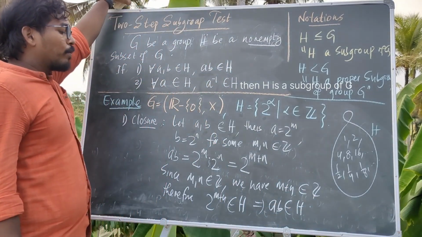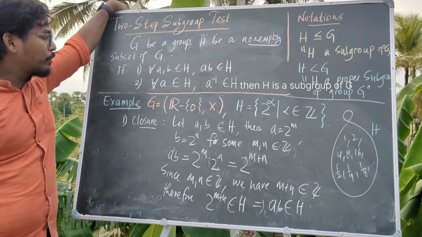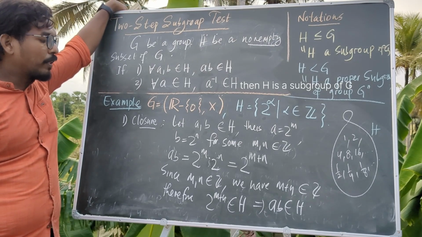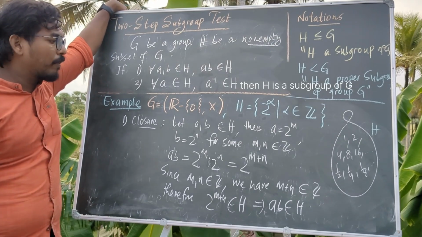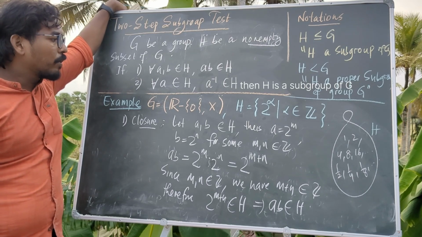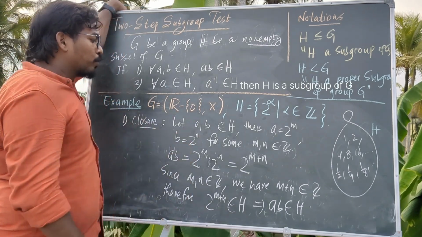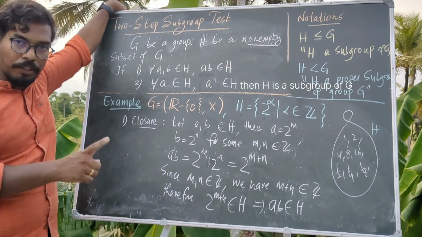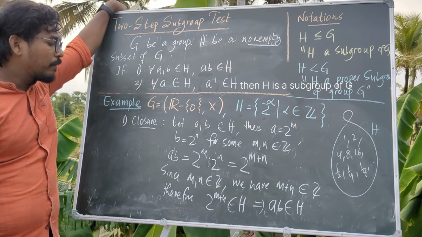So from the 2 steps we have proved the first step. So H satisfies the first step. H is closed under the operation of group G. Pause the video to note. I will erase.